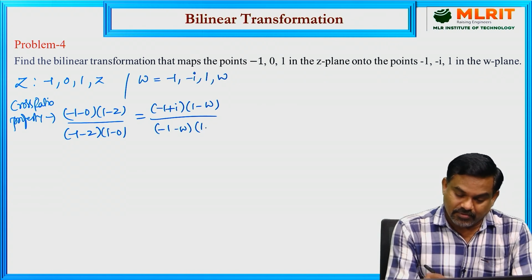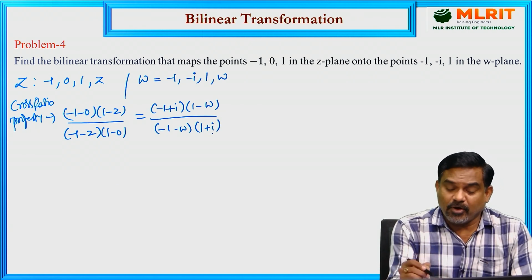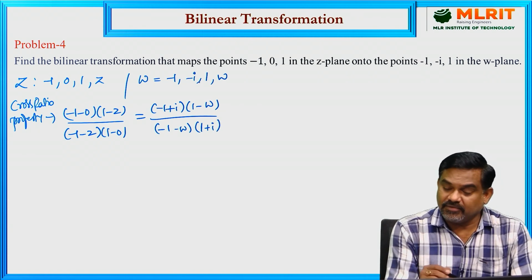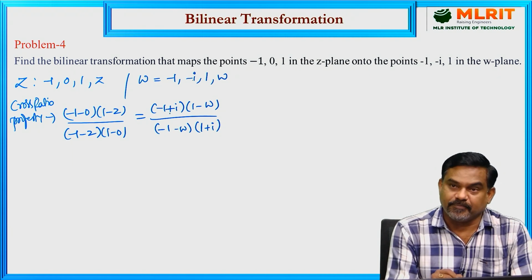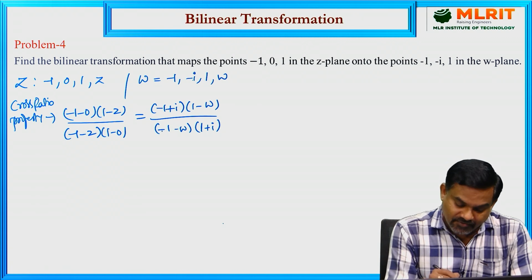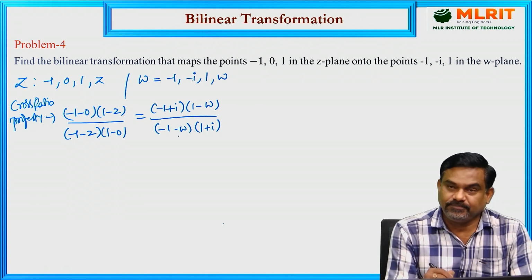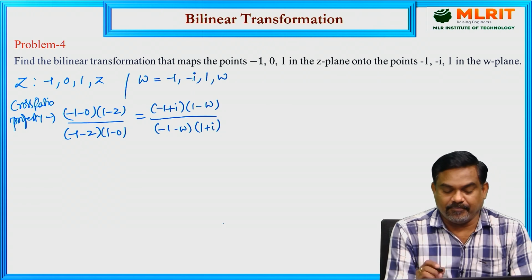So here we get 1 plus I. So the W points are minus 1, minus I, 1, W. So first minus second gives minus 1 plus I. Then third minus fourth divided by first minus fourth into third minus second.